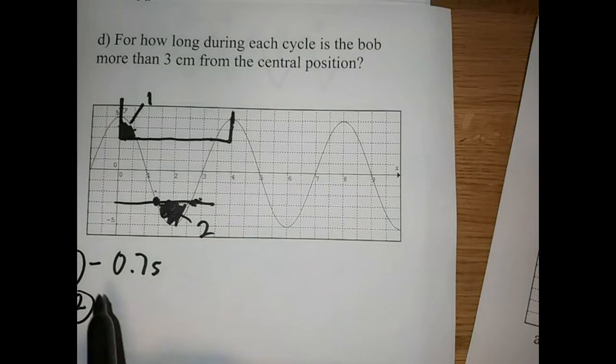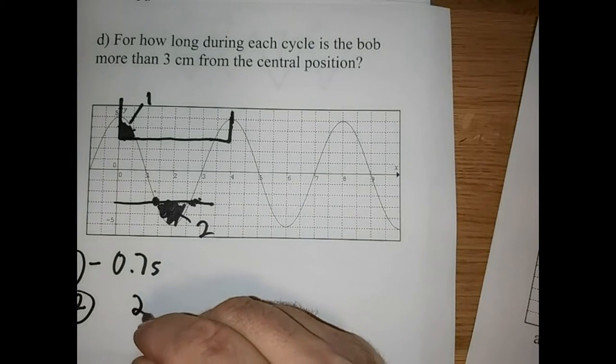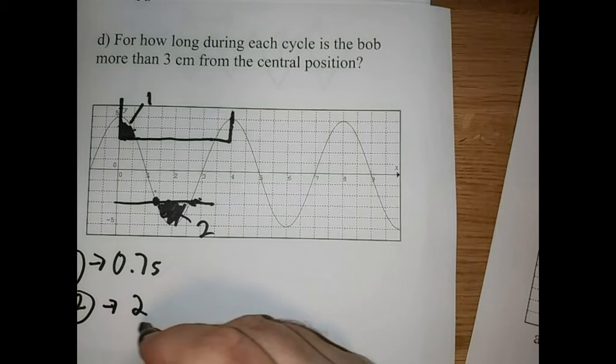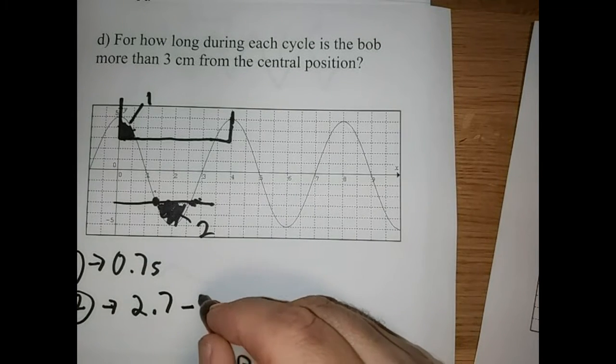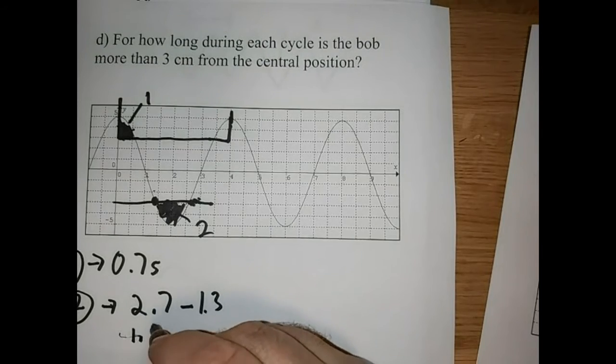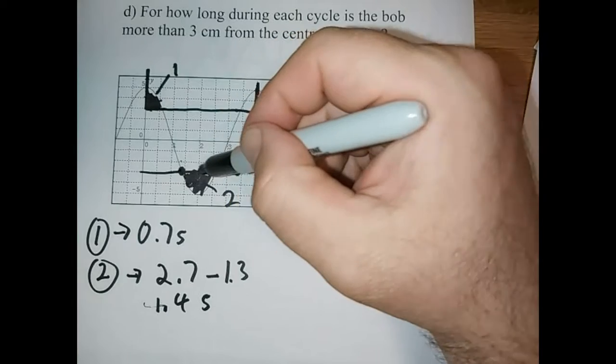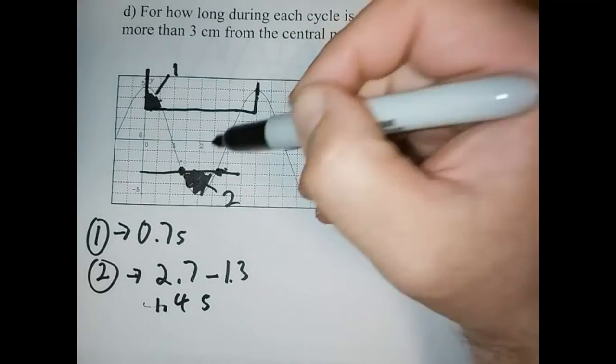Number 2 goes to 2.7 and 1.3, so you subtract. I'll just put an arrow. It goes 2.7 minus 1.3, so it would be about 1.4 seconds. For the shaded area from here to here, it's 1.4 seconds.